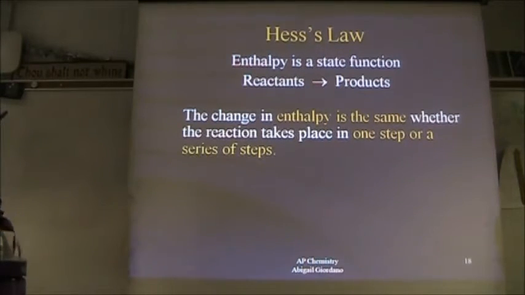So for example, your original reactants, I'm going to call your reactants A. Your reactants A are converted to products B. And then products B are converted to something else that's C. And then C is converted to D. And then D is converted to E. And maybe whatever that thing is that's letter E, those are your final products.